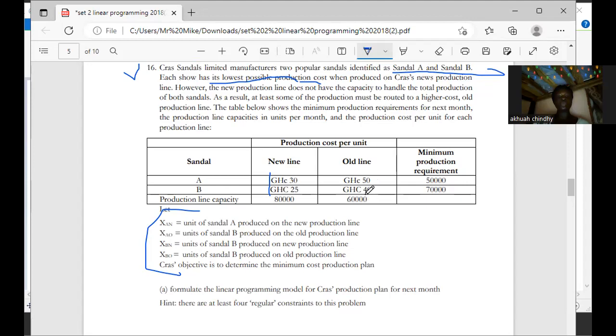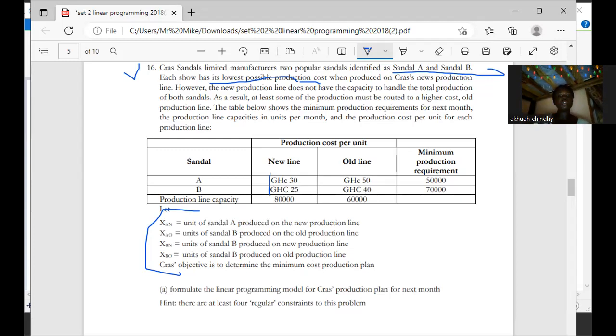The objective function is the easiest. Whenever you see something like, maybe not in this question, maybe another question, sandals A is sold at, let's say, 20 cedis per unit, sandals B 30 cedis per unit. When you see those 30 per unit, 20 per unit, those become the contribution for the objective function.